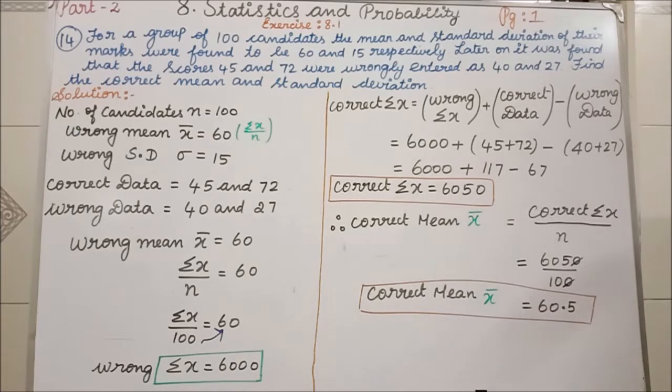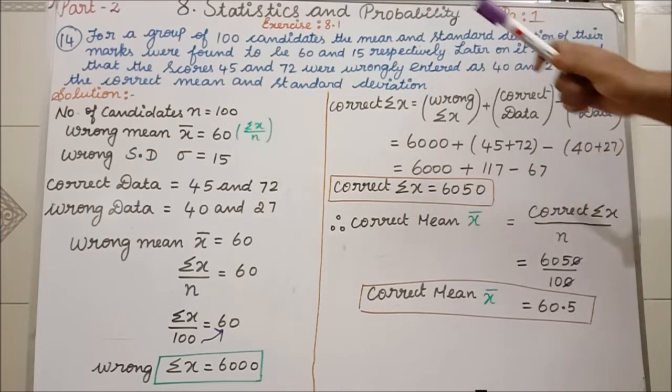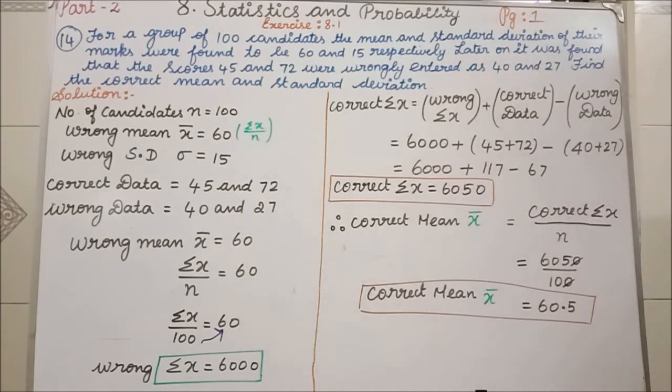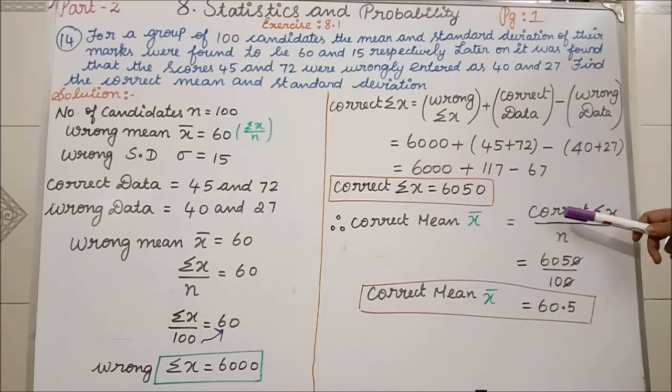Clear? Now, the correct mean. In the question, first we have to find the correct mean. What is the formula for mean? Summation x divided by n. I have written x bar is equal to summation x divided by n, the mean formula. So this side I am writing correct mean x bar is equal to correct summation x divided by n.